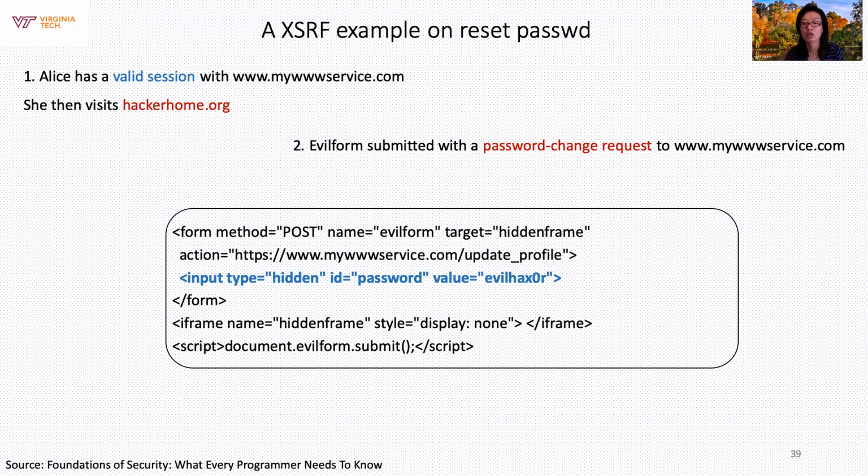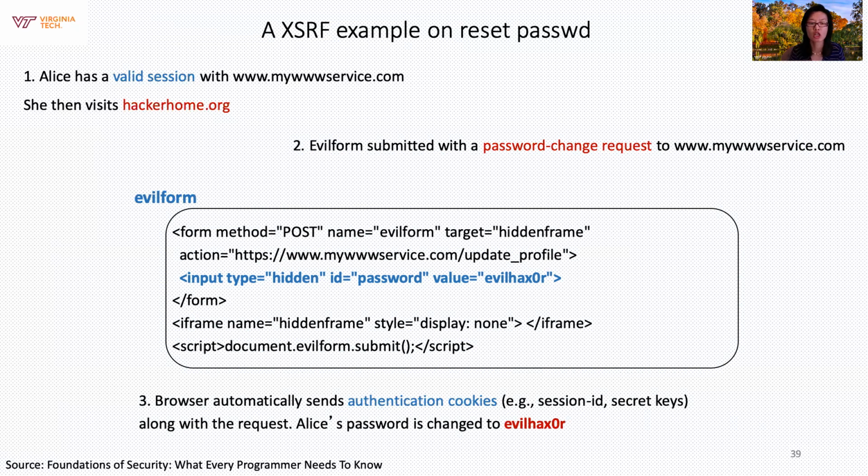Then at the end of the transmission, Alice's password gets changed. As a matter of fact, this is how researchers first noticed this attack. Someone's passwords got reset, I think Gmail passwords got reset. And of course, that was like 13 years ago, and then people realized, oh, this is not good.